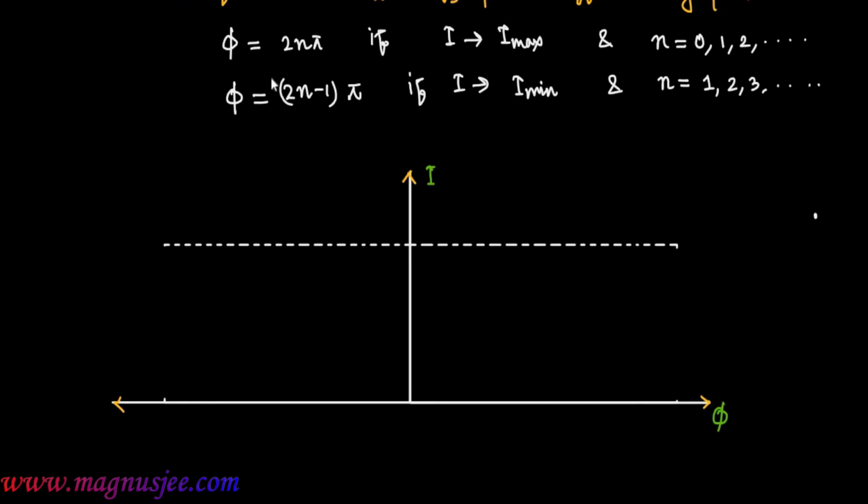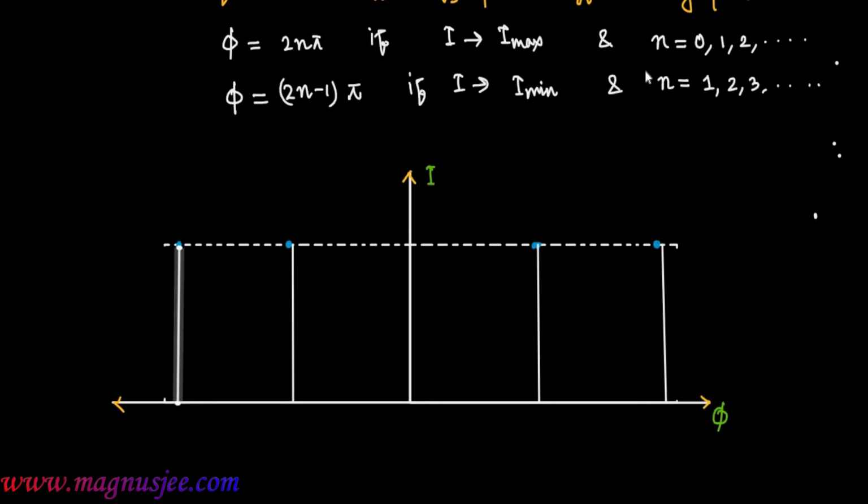Now we can plot the intensity of the resultant wave for the interference pattern with respect to the phase difference between two interfering light waves.